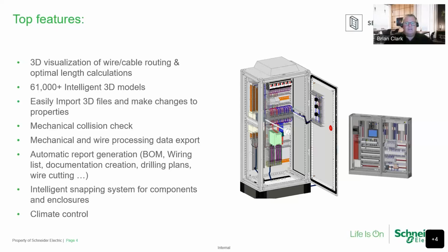It'll catch errors such as mechanical collisions, and it provides you automatic wire routing and wire length calculation. The other neat thing about 3D Panel Plus by C Electrical is that it not only works in conjunction with C Electrical, it is actually agnostic and can be used with some of our competitors' 2D schematic packages, AutoCAD Electrical, ePlan, and SolidWorks Electrical, to name a few.